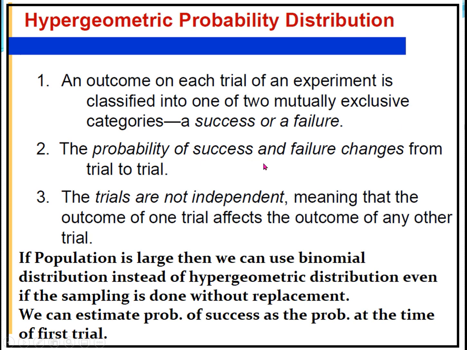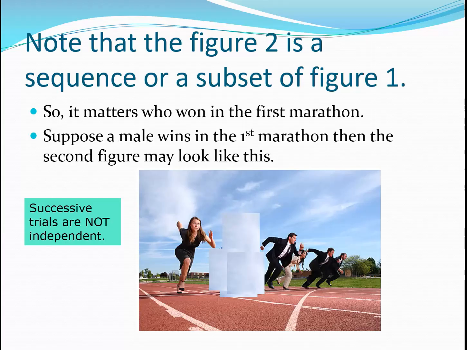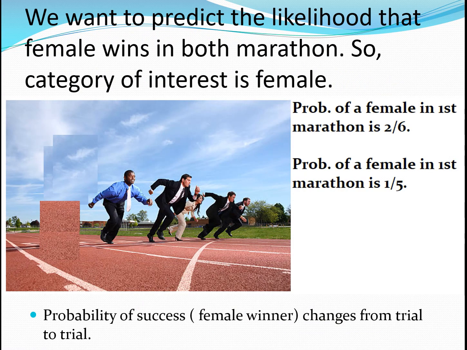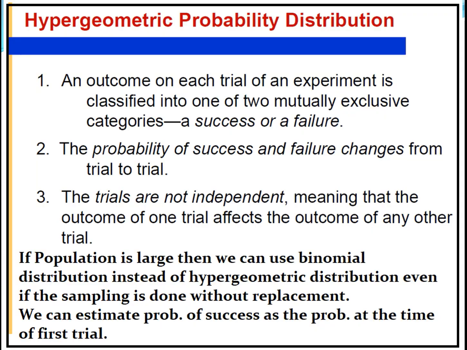Second is that the probability of success and failure changes from trial to trial. For example, the probability of success, that is the probability of a female, will change from marathon to marathon. Similarly, the probability of a male will also change from marathon to marathon. So success, in our example the probability of female, and failure, the probability that a male is selected, changes from trial to trial.